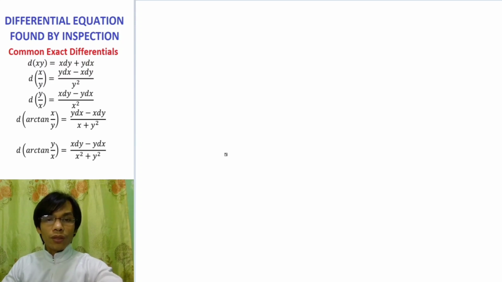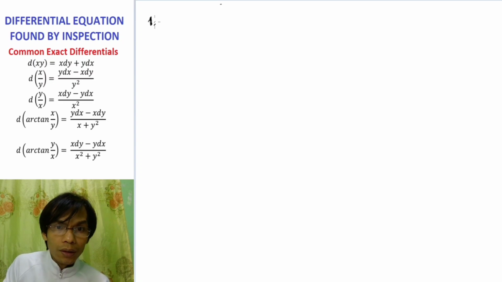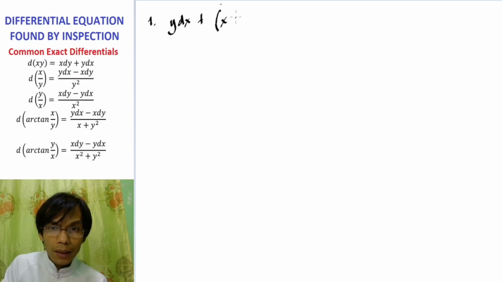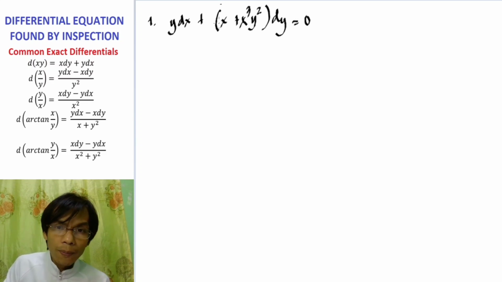Okay, for us to understand further, we have to take a look at the following examples. If we have here an equation, y dx plus (x plus x cubed y squared) dy, that is equal to 0.